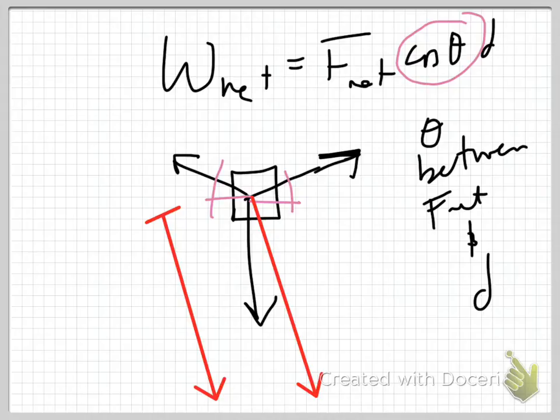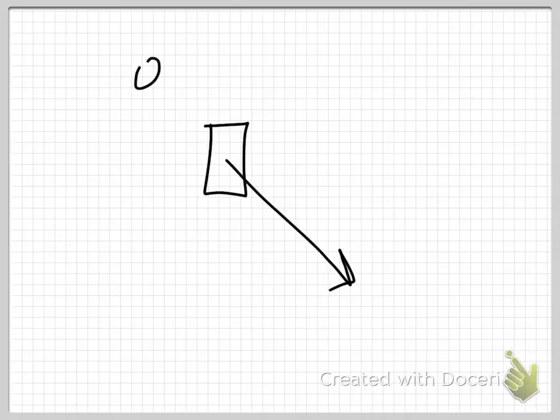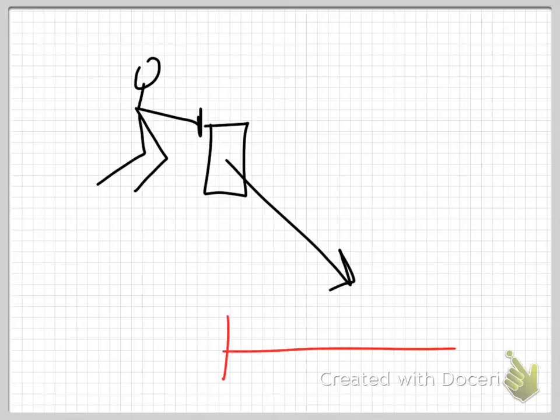The book gives it to you as though you might do this. Well, I'm pushing, and I'm going to draw this in. This would not be part of our force diagram. Now this person is pushing down and forward on this box, and the box is moving this way.